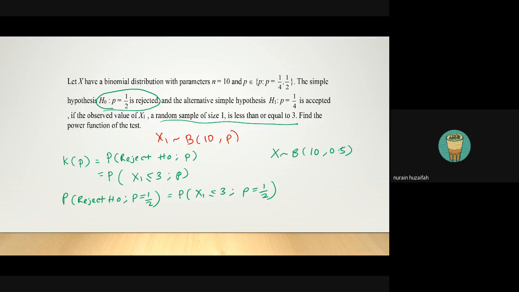Because your stats table is cumulative, we find k equals 3, so it gives you the answer directly. Referring to the stats table, n equals 10, p 0.5, it will give us 0.1719.